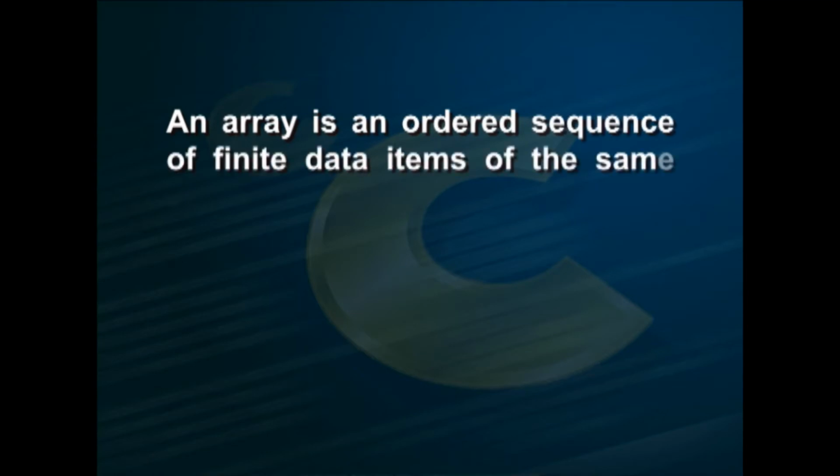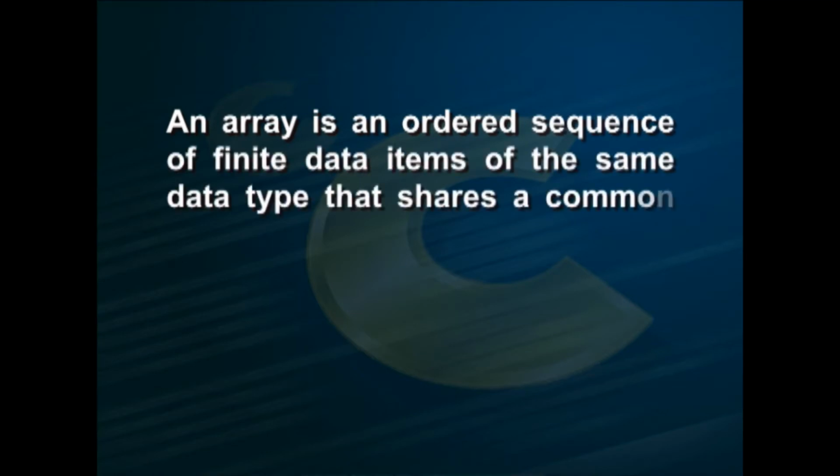The adaptive way to cope with this objective is to use the concept of arrays, which use a common name with a subscript representing each element. An array is an ordered sequence of finite data items of the same data type that shares a common name.